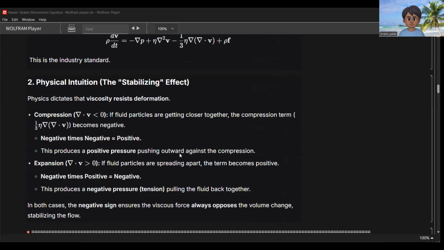This produces positive pressure pushing outward against the compression. For expansion, if the divergence of V is greater than zero, meaning fluid particles are spreading apart, the term becomes positive, and with the negative sign it goes negative. So this produces a negative pressure, pulling the fluid back together.